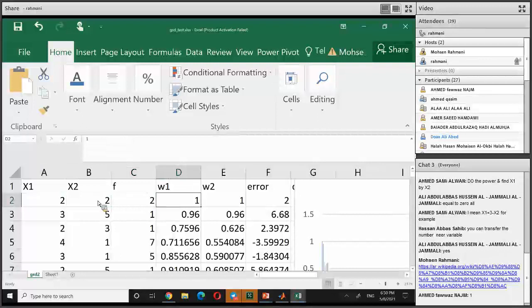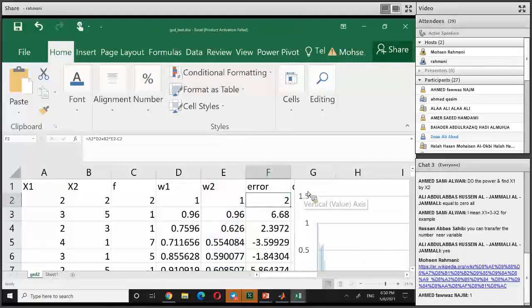It means that W1 should be tuned as 2, and W2 will be tuned as -1. I mean that after repeating gradient descent, we should receive 2 and minus 1.